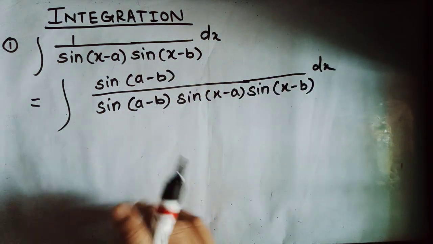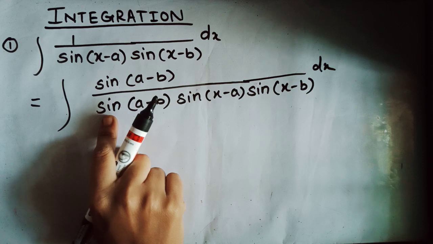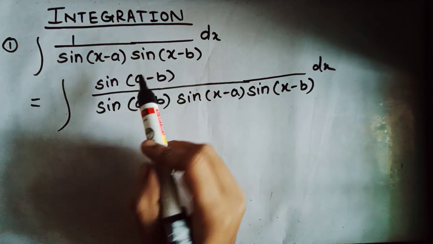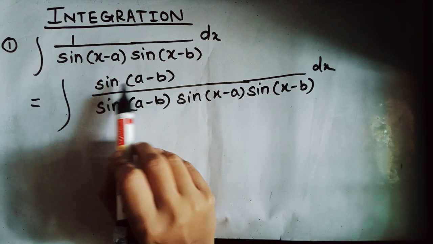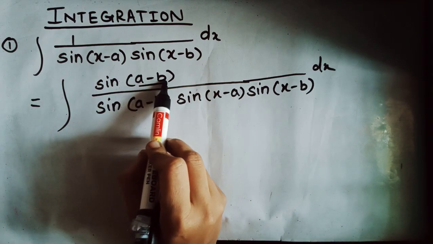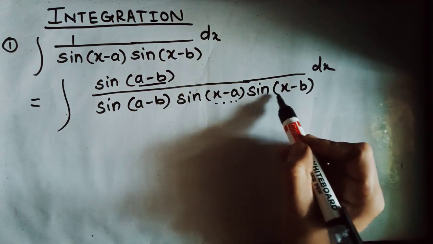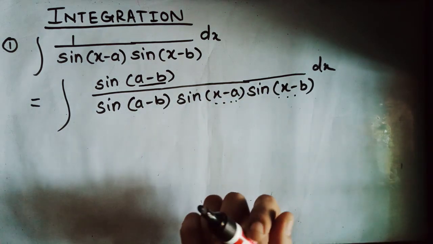Okay, now this term which is in the denominator I can take outside. Now I have to write this term in terms of this x minus a and x minus b.